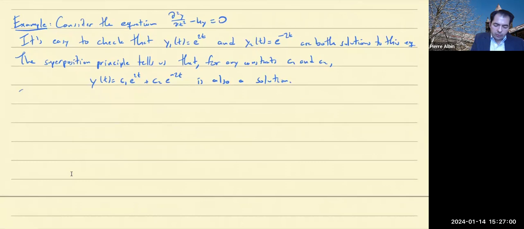Okay, so now suppose we're given this equation with initial conditions.